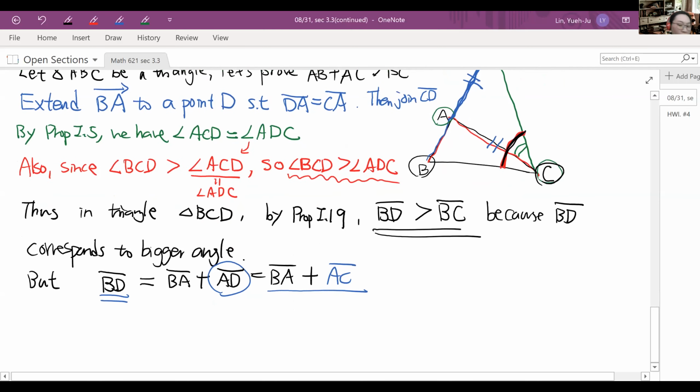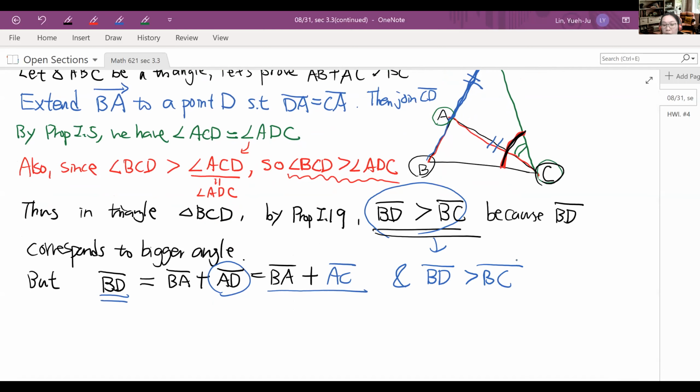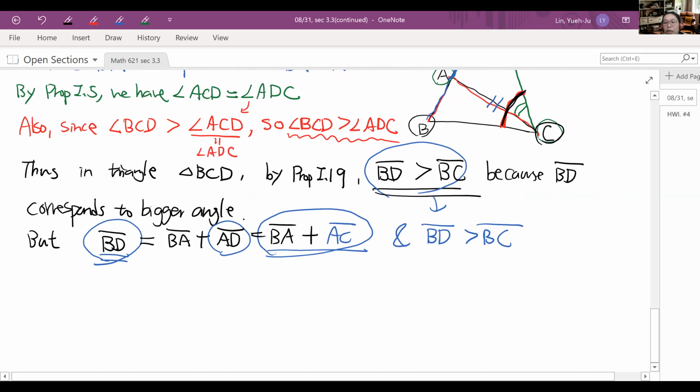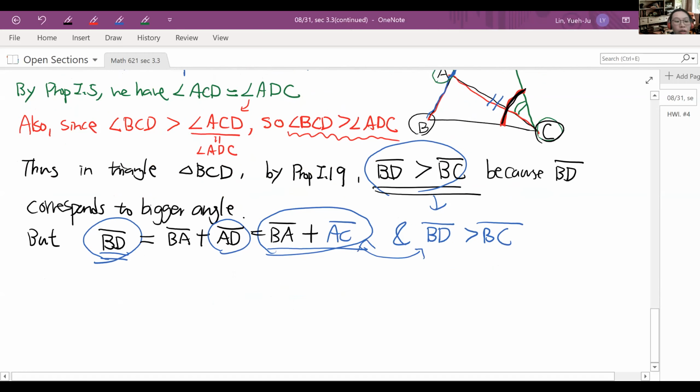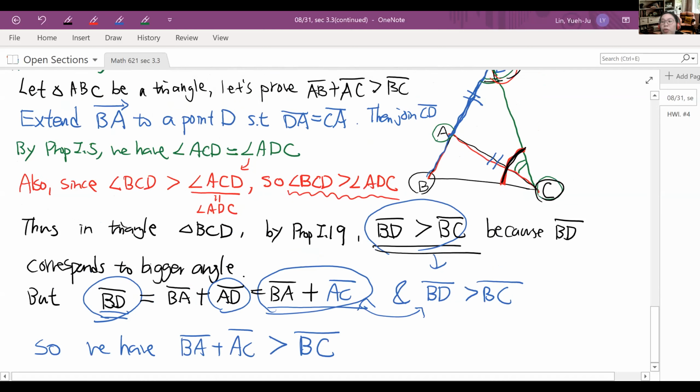Let me copy this down. From the last line, we know BD is bigger than BC, and we also know BD is the same as BA plus AC. So in the end, we are done. BA plus AC is bigger than BC, and this is exactly what we wanted to prove at the beginning.